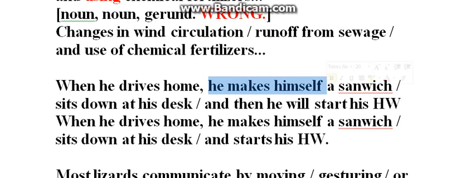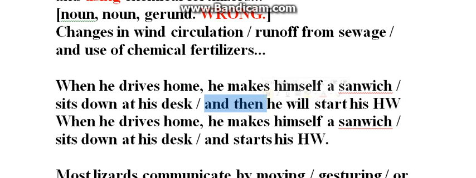That's not parallel, and the reason why is because the tenses of the verbs are different. So he makes is present, sits is present, but at the end we don't have a present tense, we have a future tense. So they need to be the same.